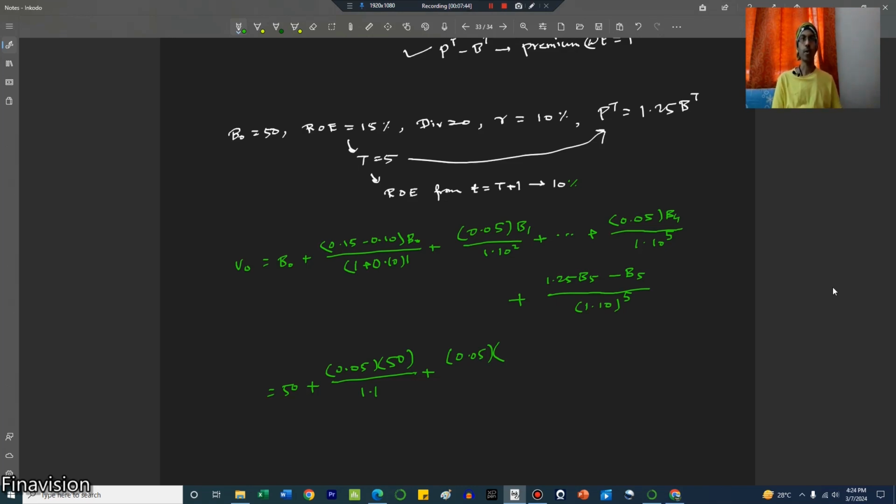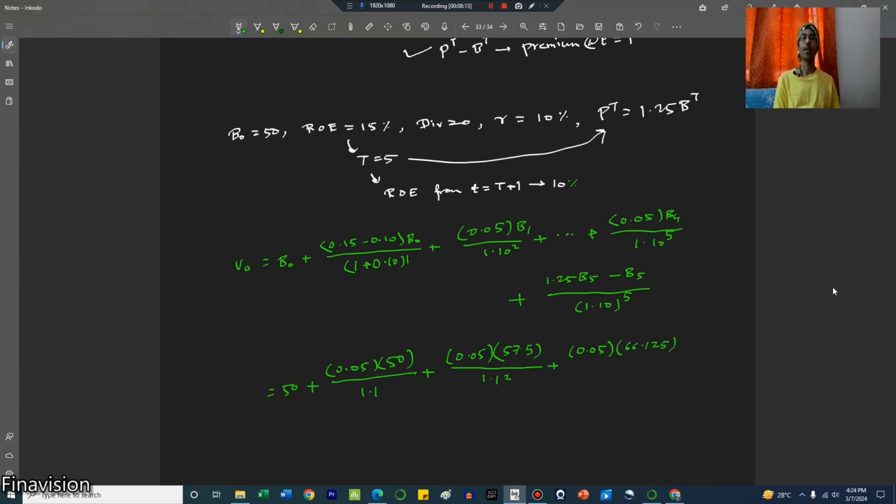This is 57.5. Divide by 1.1 square, plus 0.05 into B2, which is 1.15 into B1, which is $66.125.